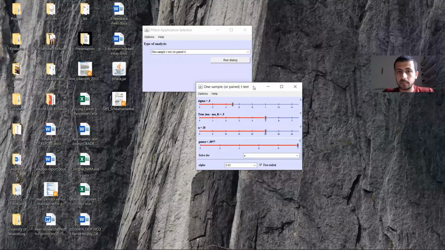Okay. So, what did we say about the sigma? We don't have a unit, but why don't we have a unit? Just let us cover the second variable and you will understand why. This is the true mu minus mu0. What does that mean?